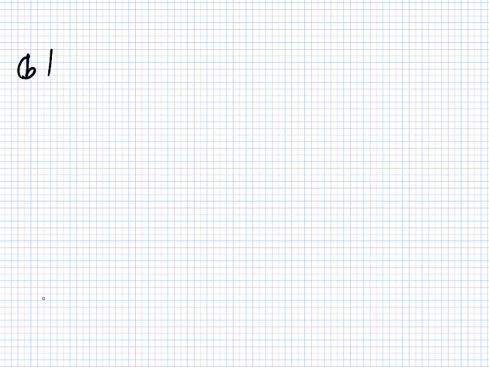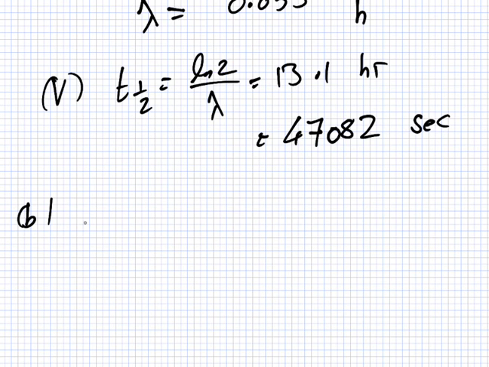Okay, B part now. I can do the B part? Yep. So in the B part here, you're told that the patient drinks this. You're also told that the A0 is 11.2 megabecquerels.